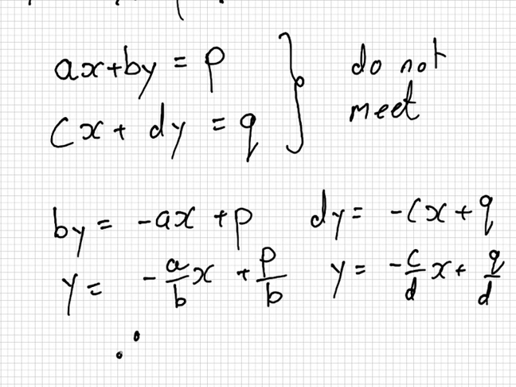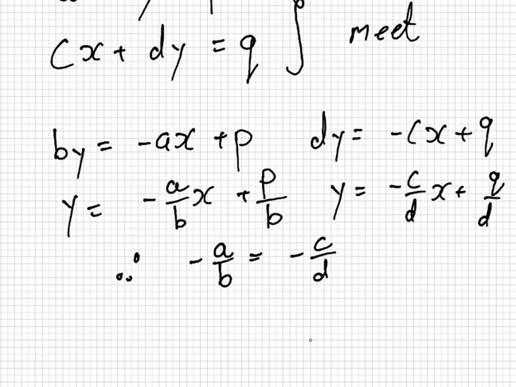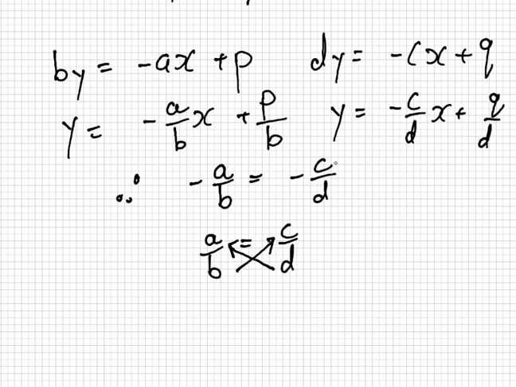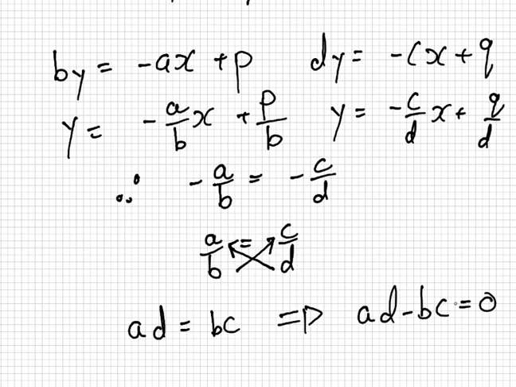Therefore, minus A over B equals minus C over D. Multiply both sides by minus, so it's positive now. I bring the D up here and the B up here. What's the verb for this? Cross multiply. So I get AD equals BC, which means AD minus BC equals 0.